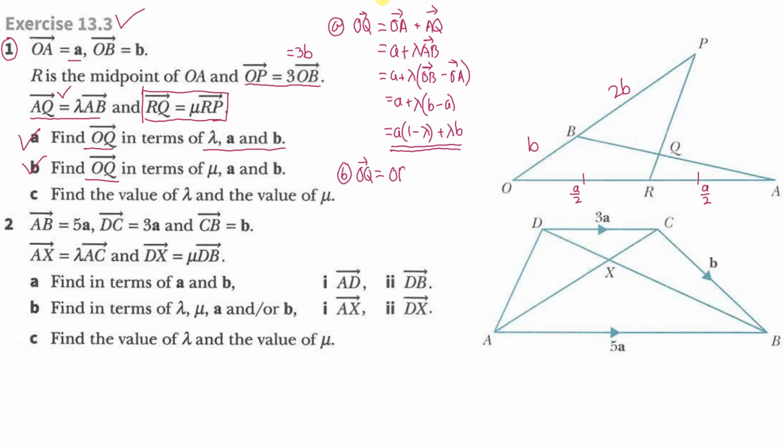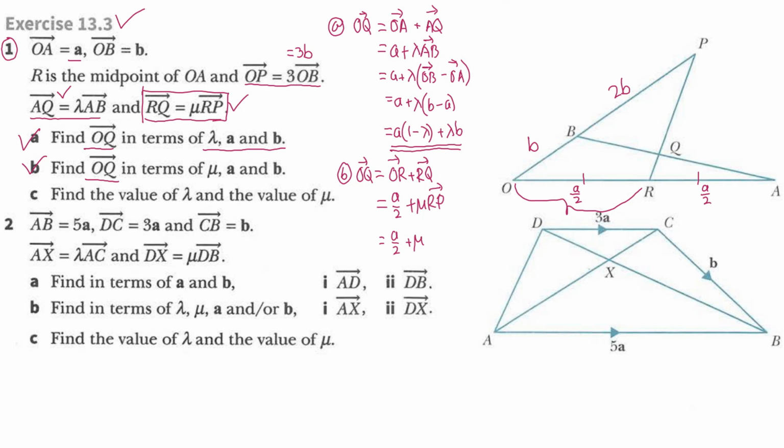OR we already wrote as A by 2, and RQ is given as mu RP. So A by 2 plus mu RP.